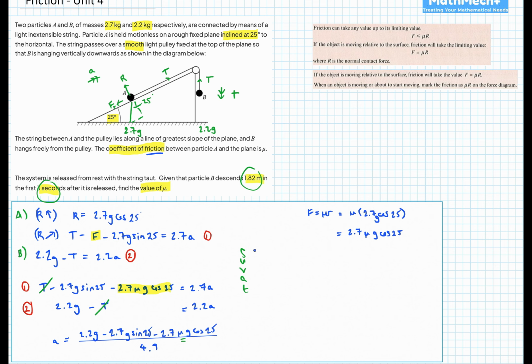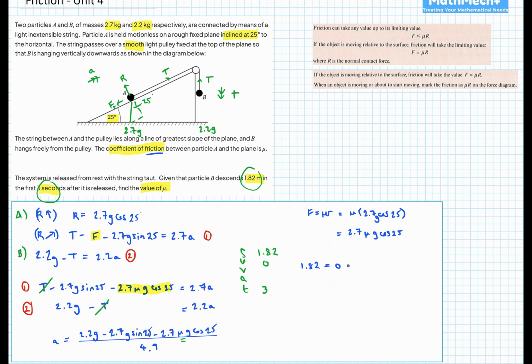Distance is 1.82. U and V: you have to think about, just go back over the paragraph previously perhaps, and you'll see that your initial velocity was 0. And time is 3 seconds.